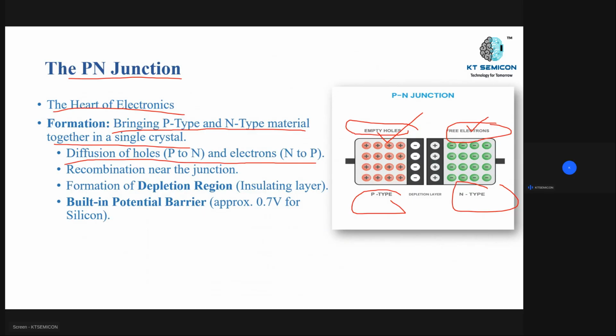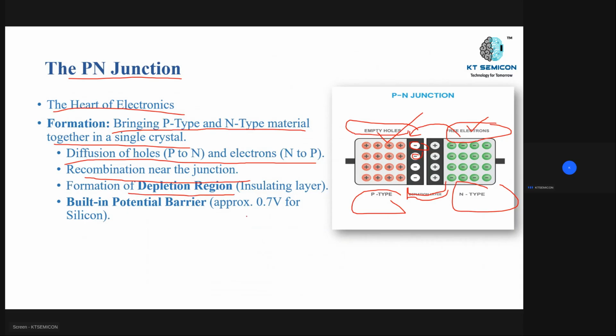Some recombination happens here, and the electrons start moving into the p-type. Then there is formation of a depletion layer. So recombination occurs at the junction, and the depletion region is formed.